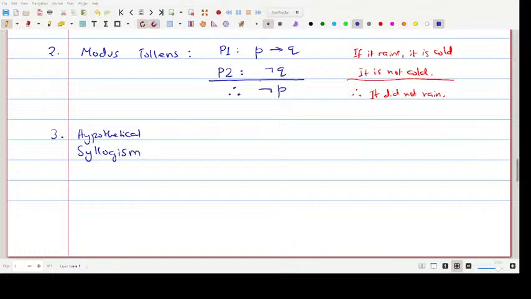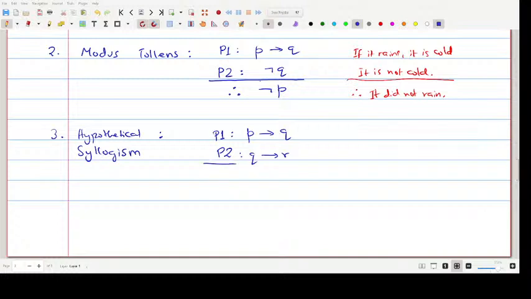Let's say we have a premise. The name premise comes because in an argument, we derive the conclusion from the premises using inference. The first premise says P implies Q, and the second premise says Q implies R.